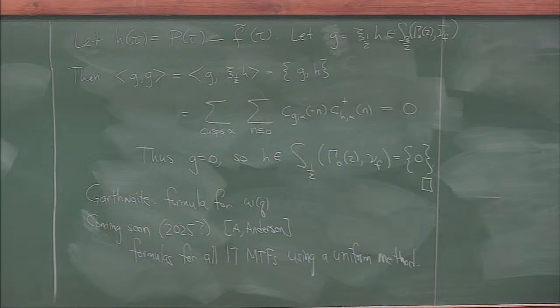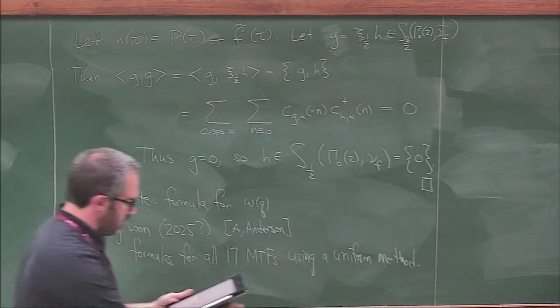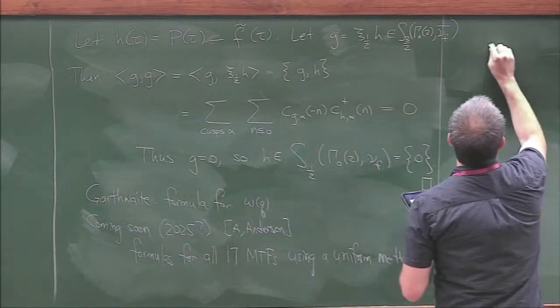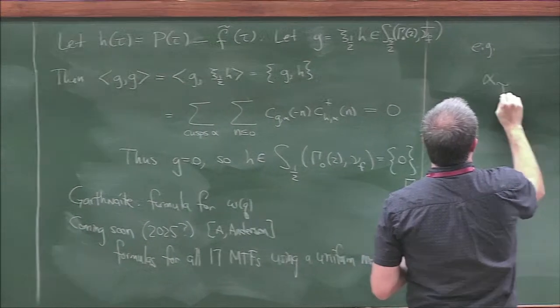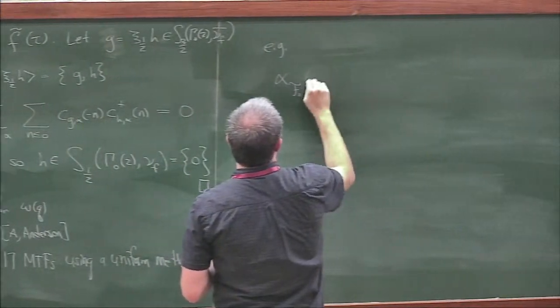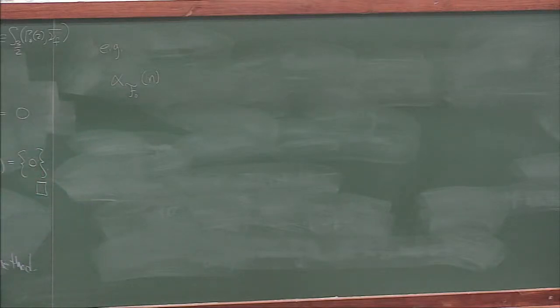Okay, yeah, so I said I was going to show you one of these. Let me write it down. So, for example, alpha script f0 of n. Remember, this is one of our seventh order Mock theta functions.